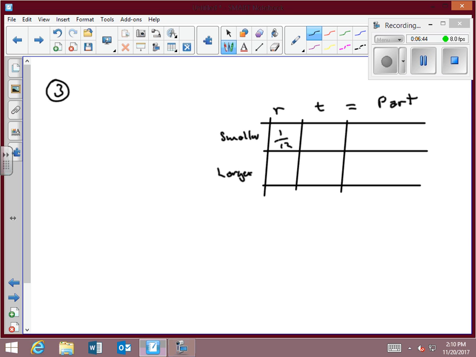It does 1/12 of the job per hour. That's what you're actually saying. And then the larger one does the whole job in 4 hours, so in 1 hour it does 1/4 of the job. Now it's saying that they want to know X hours to complete when working together.